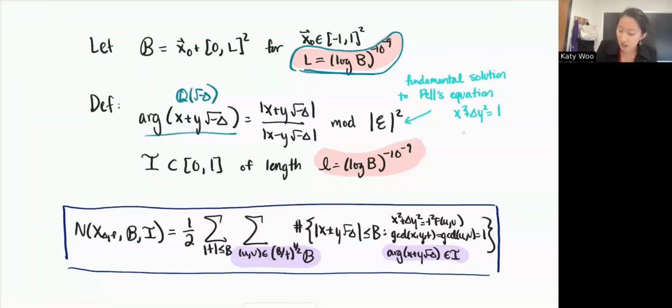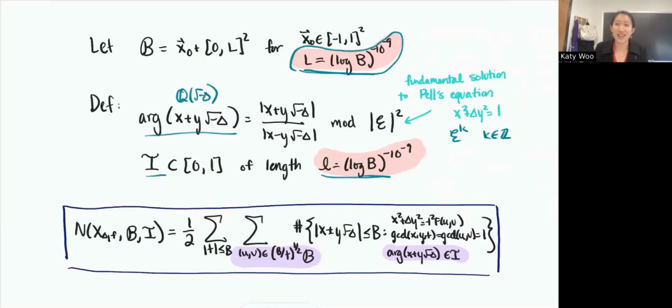In other words, any unit in your real quadratic field will be of the form epsilon to the k for some k that's an integer. And let's let I be an interval of length log b to the negative 10 to the negative 9. Then instead of counting nx of b, we're going to look at nx of script B, I.